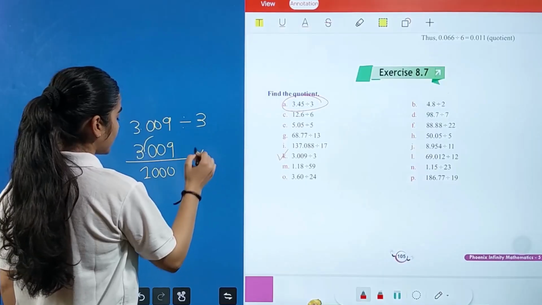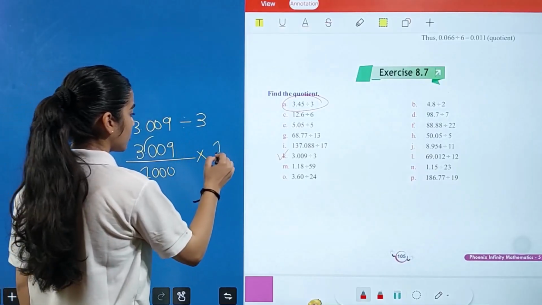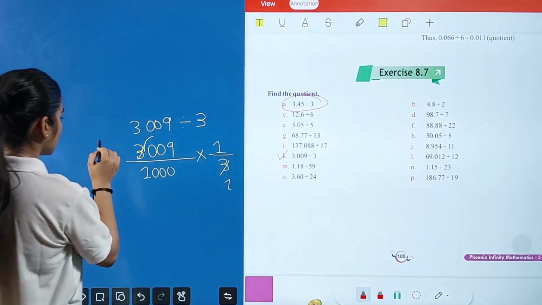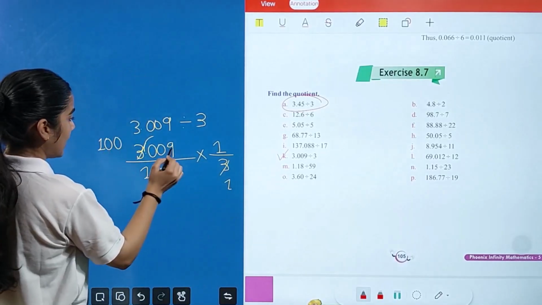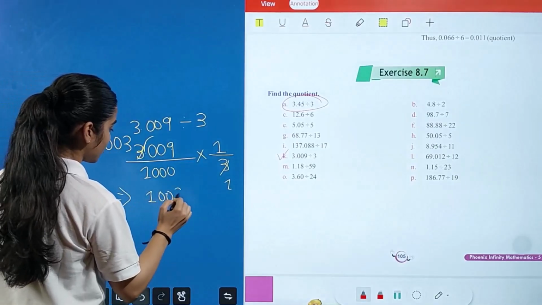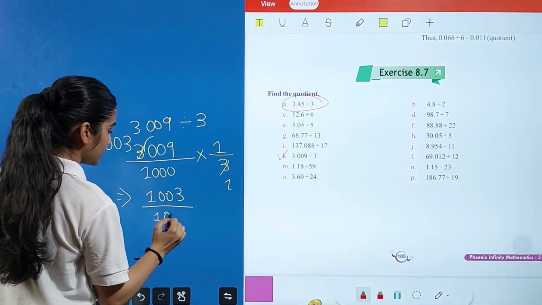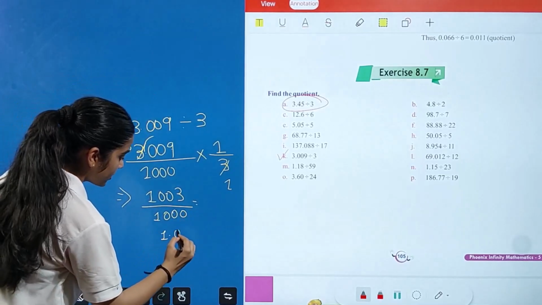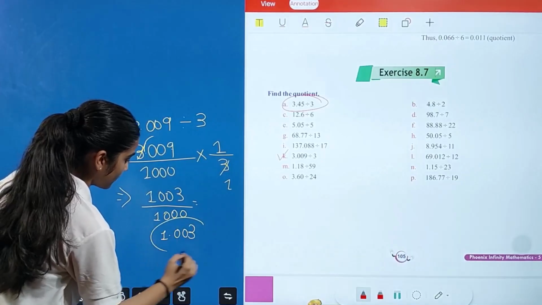The divide sign will be converted into multiplication, and the reciprocal of 3 is 1 by 3. 3 ones are 3, 3 ones are 3, double 0 are common, and 3 threes are 9. So your fraction form will be 1003 upon 1000, and your answer will be 1.003.